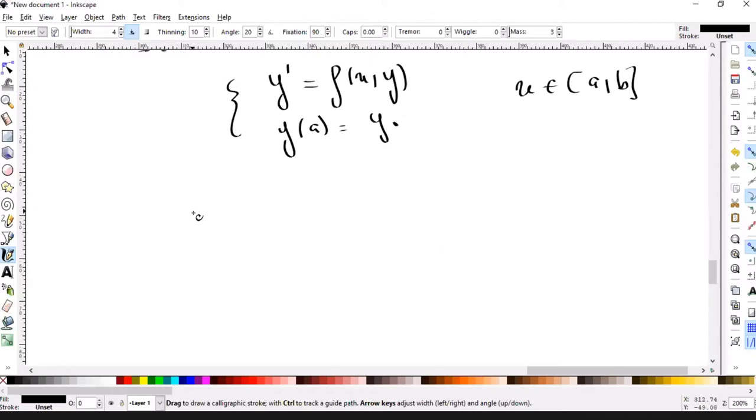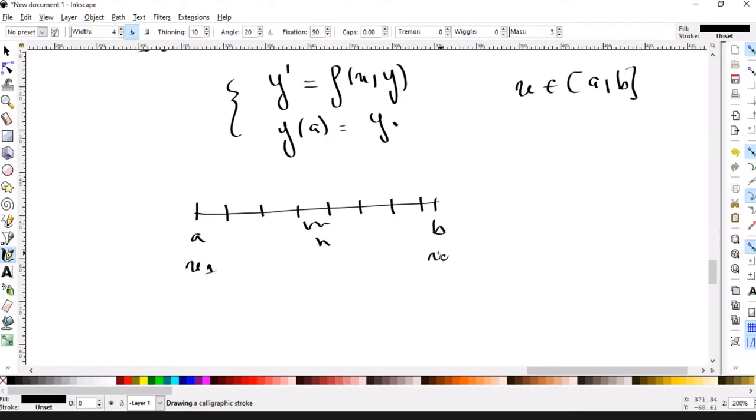So here, like I said, we discretize our interval ab into points of step h. This is x1, this is xn plus 1.